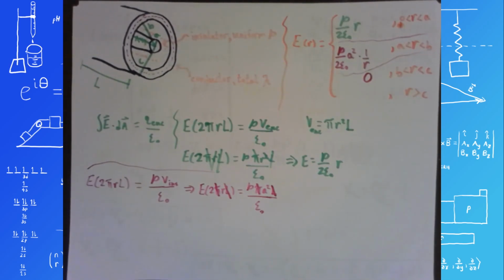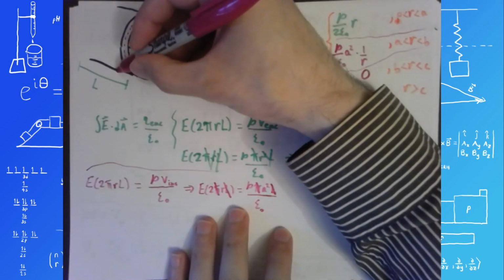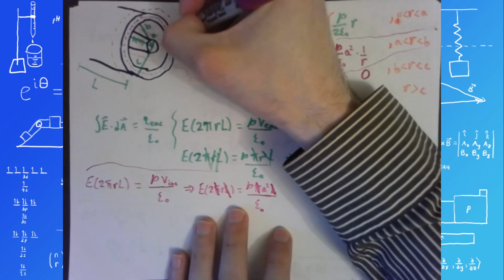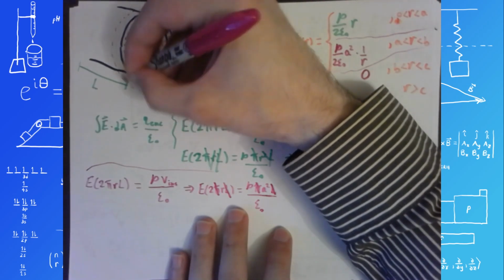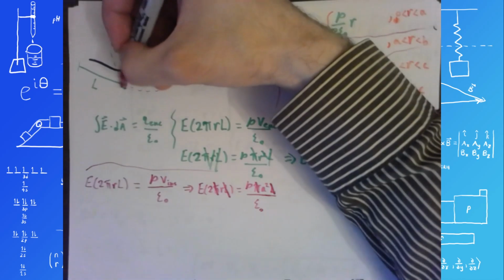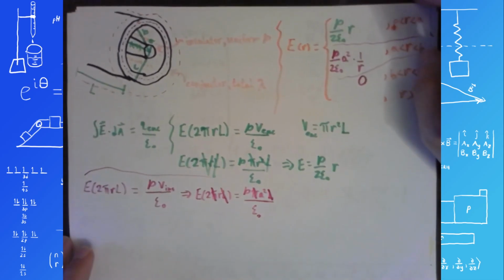Total charge enclosed must be 0. And then finally a Gaussian cylinder surrounding the entire setup. And I guess I should actually draw it extending around like that.